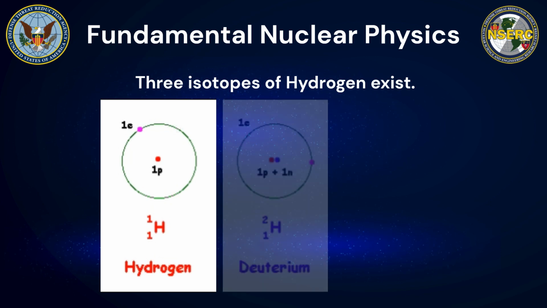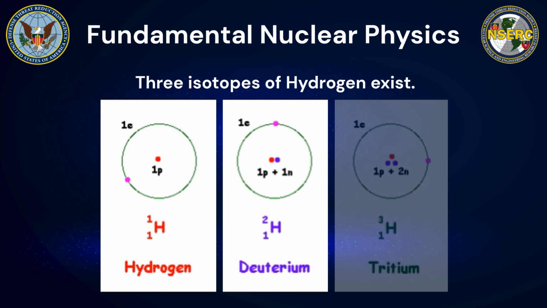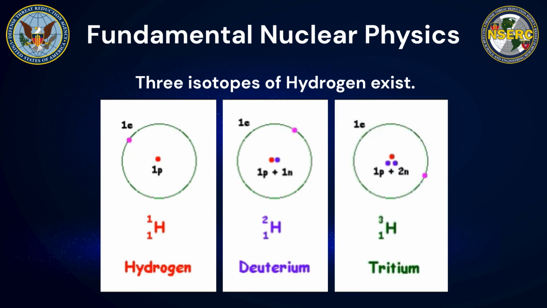Atoms of H2, also known as deuterium, contain 1 proton and 1 neutron in their nuclei, so the Z number is 1 and the A number is 2 for these atoms. Likewise, atoms of H3, also known as tritium, all contain nuclei consisting of 1 proton and 2 neutrons, so their Z number is again 1, but their A number is 3.